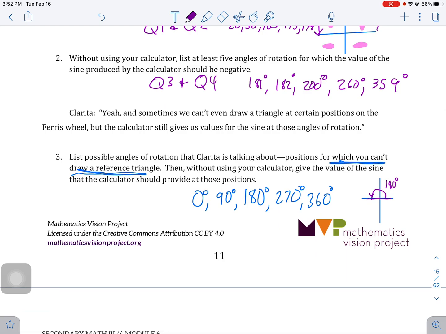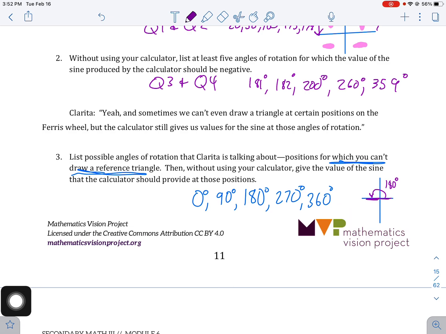But then Clarita says, yeah, and sometimes we can't even draw the triangle. Remember, this right triangle trig was based on the ratio of sides on a right triangle. We can't even draw it, but it still gives us angles of rotation. So for example, 180 degrees.